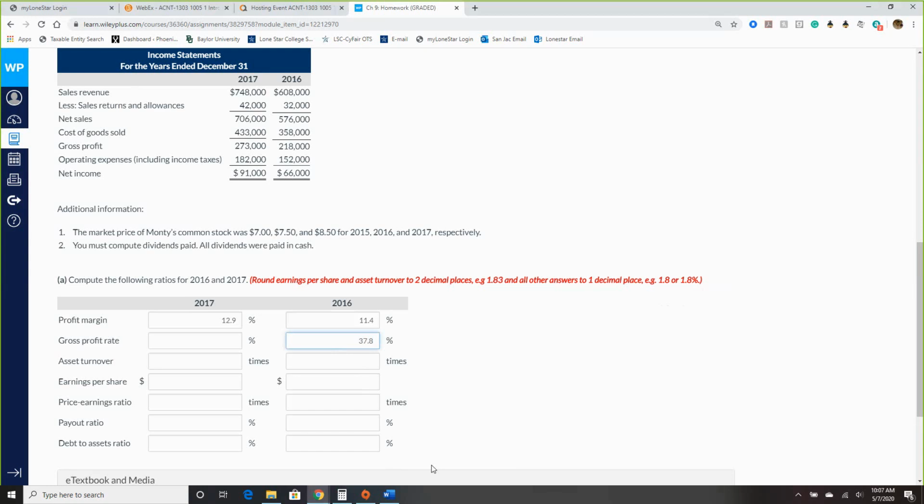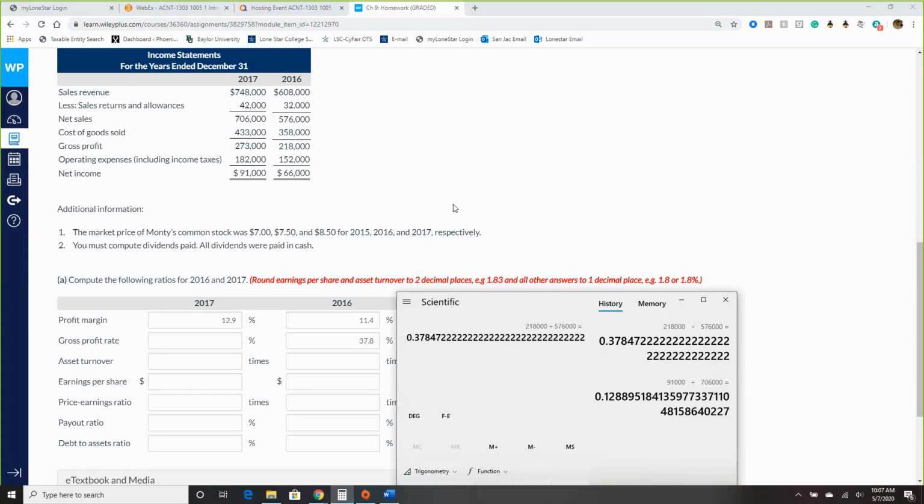Usually your gross profit rate is going to be higher than your profit margin. Typically that's how it is, since again we haven't taken away expenses from your gross profit. So again, 17 divided by 706, and that's 38.7.